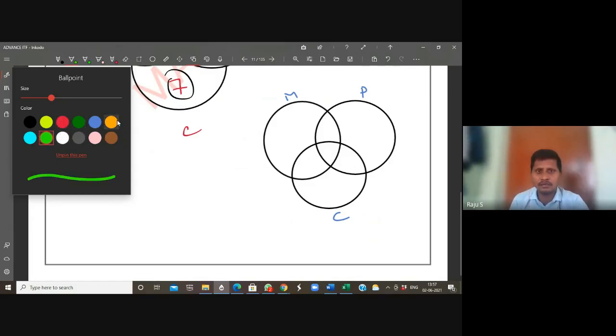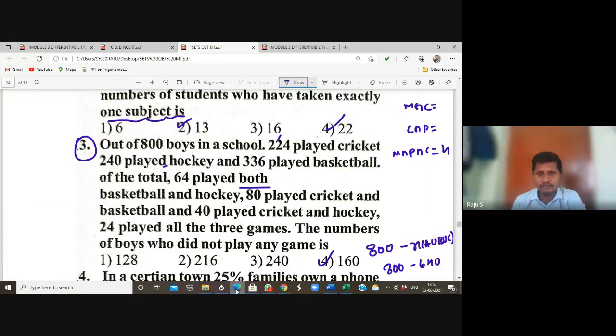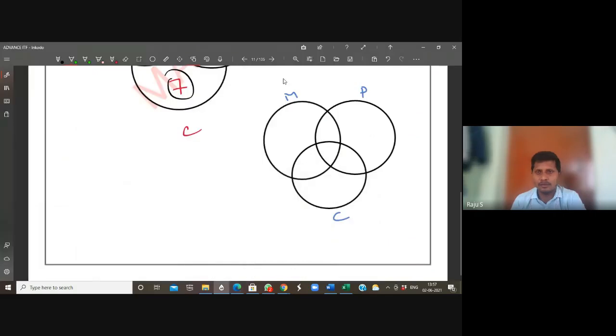Common to all 3. It is related to games, no problem. Take this as A, this as B, this as C.